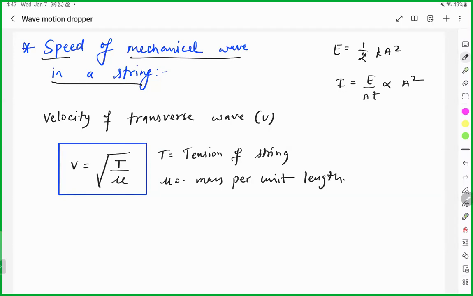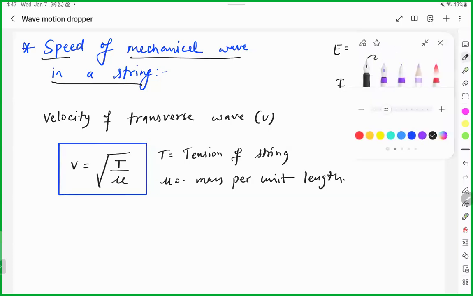Just imagine, if mass is less, then there will be more waveform, right? Speed will be fast. Yes or no, guys?